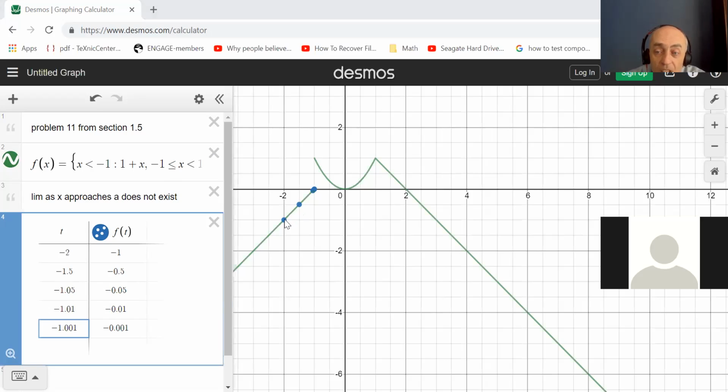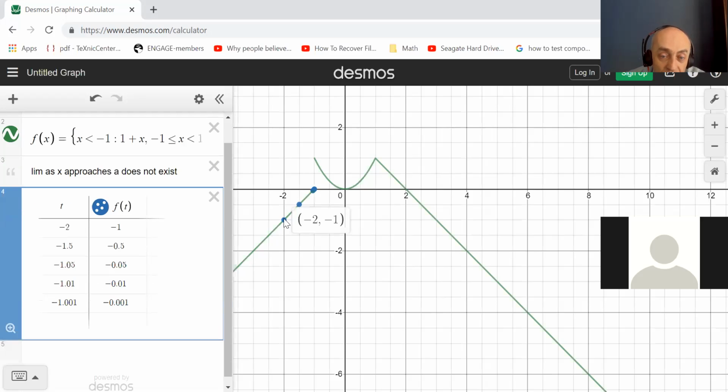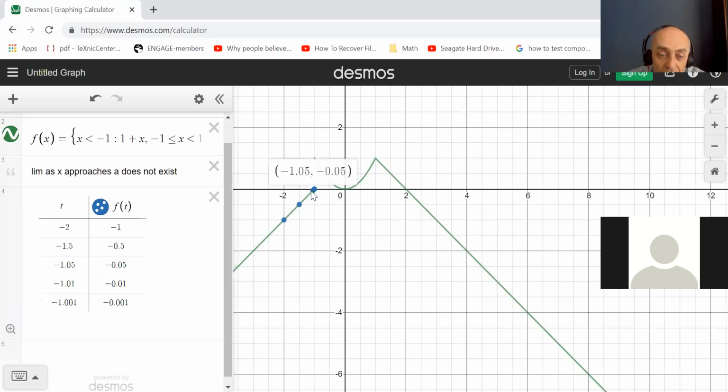You did the correct job because all your numbers appeared on the left side of the graph. The left side of the graph is, by the way, this line here. So we did a good job. Look at this: this is the first one you plotted, and this is the second one. And finally, there's a third one and a fourth one and so on.